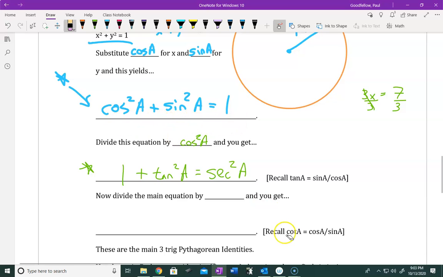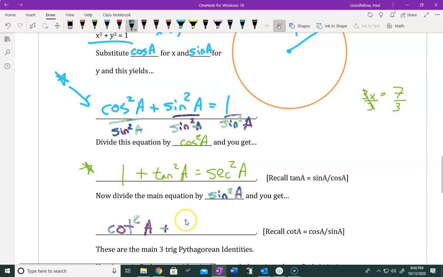Now, if I can divide by cosine squared, I probably could divide the main equation by sine squared of a just as easy. So I'm going to put a bunch of little sine squareds underneath here. And what would you get as another wolf in sheep's clothing, or husky in sheep's clothing? Cosine over sine would be cotangent squared of the angle, plus sine over sine would be just 1.